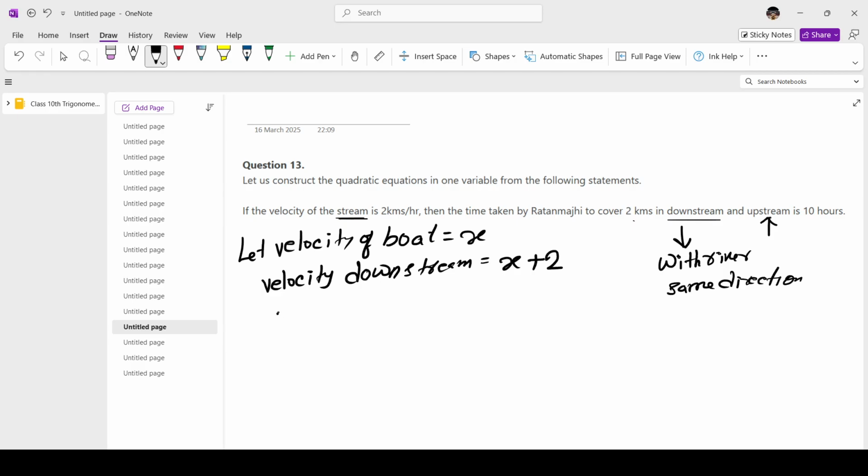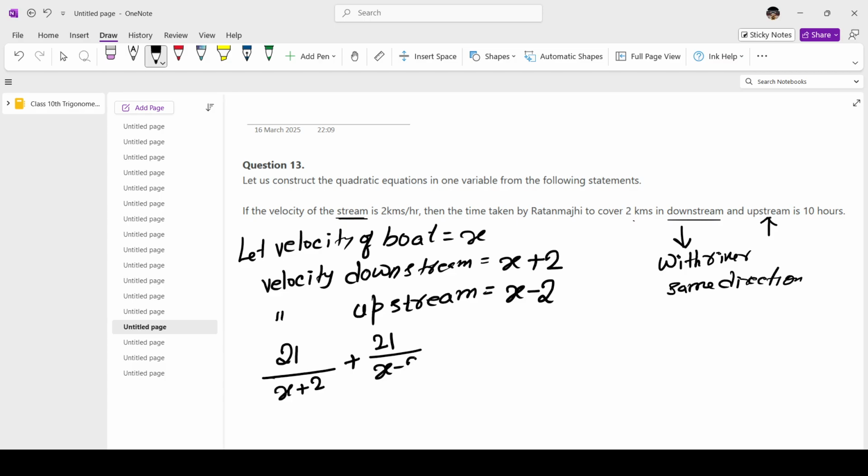And the velocity in upstream is the opposite, so it is minus. As per the question, the distance has been given and the velocity is x plus 2. Then the distance is 2, constant, x minus 2. Time is given as 10.